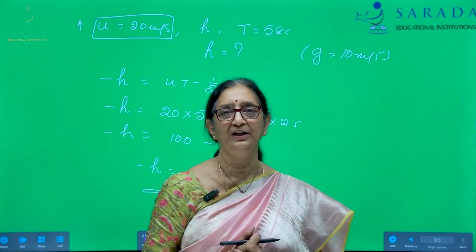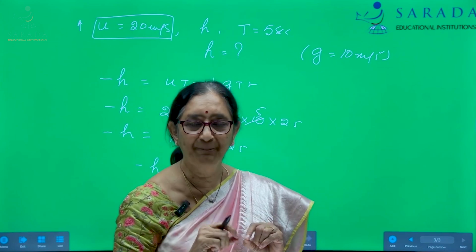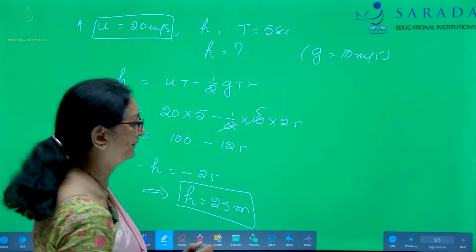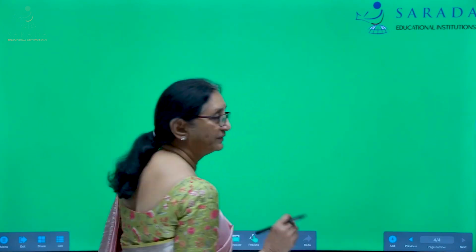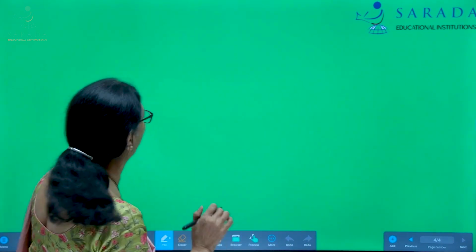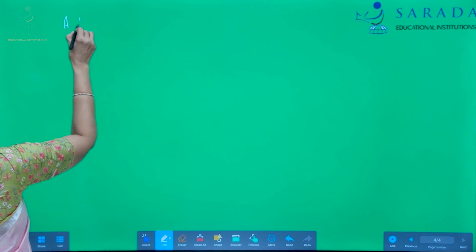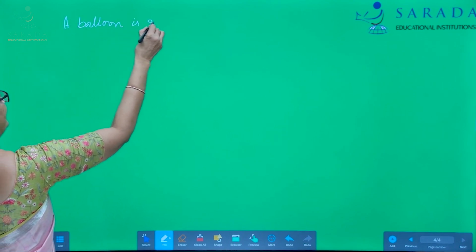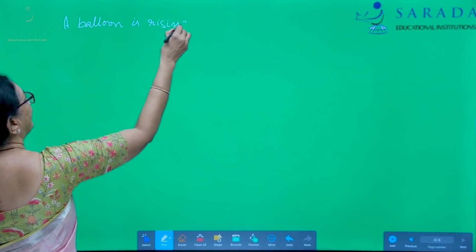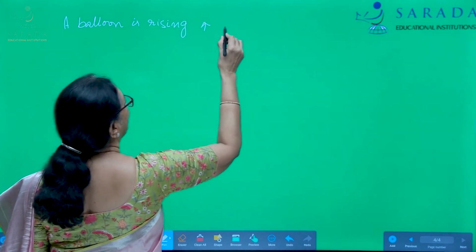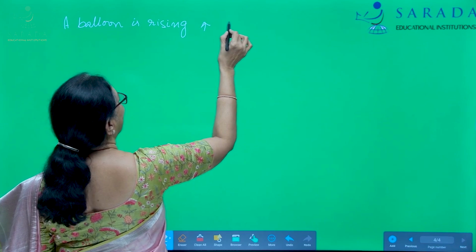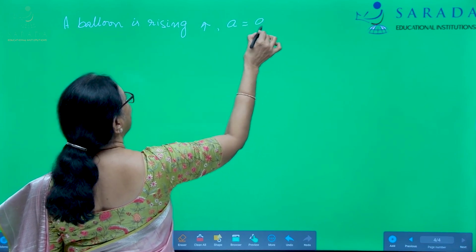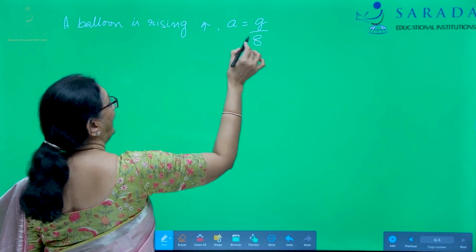Now, we are going to see another application based on this vertical projection from the top of a tower. So, note down the question very carefully. A balloon is rising vertically up with uniform acceleration A is equal to g by 8.